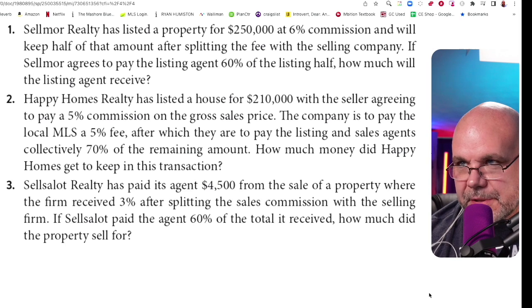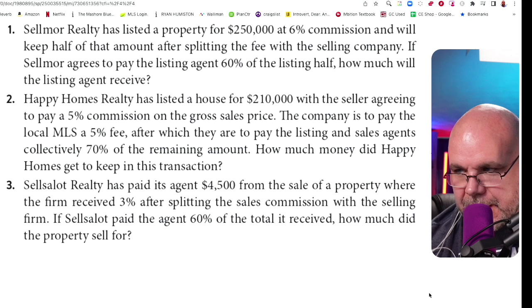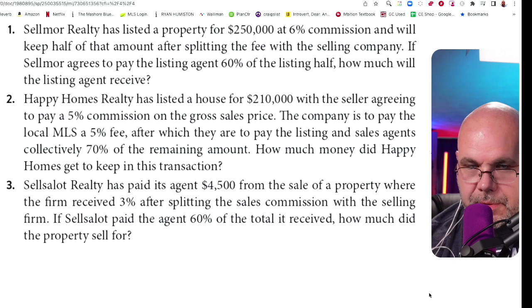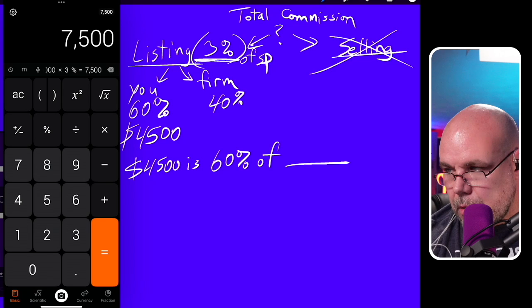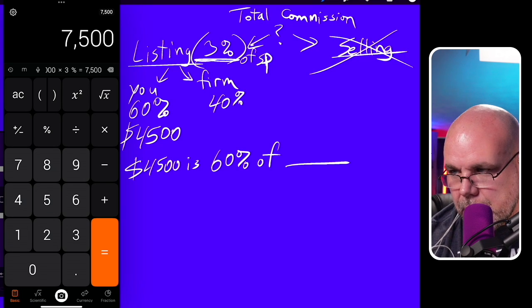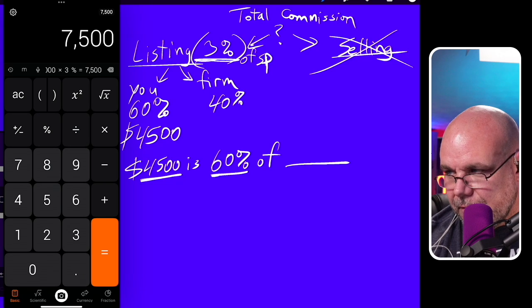The problem also tells us how much you made in dollars. You made $4,500. That was your piece you got to walk home with. Your $4,500 is 60% of what dollar amount?